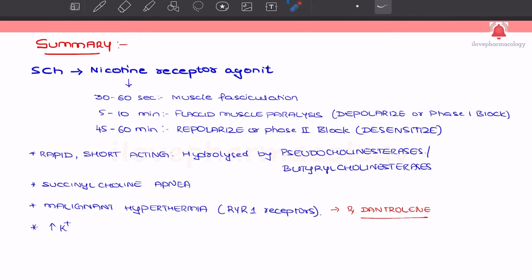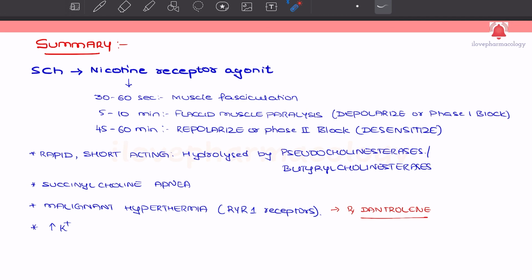So coming to the summary, succinylcholine is a nicotinic receptor agonist. Within 30 to 60 seconds, it produces muscle fasciculation. Since it has a prolonged duration of action, as it is not metabolized as fast as acetylcholine, succinylcholine will remain for a prolonged time, and this will lead to flaccid muscle paralysis due to depolarization. In the next 5 to 10 minutes, it causes flaccid muscle paralysis because of the depolarization of the muscle end plate at the neuromuscular junction, which is also called phase 1 block.